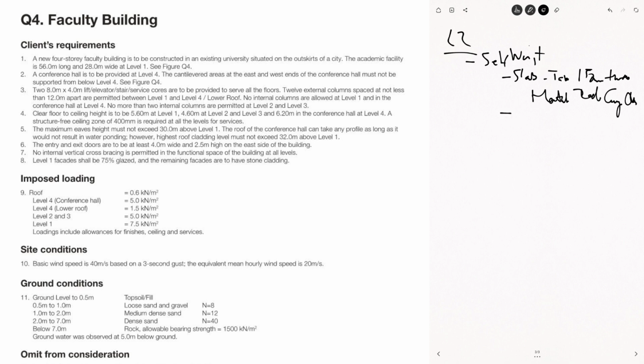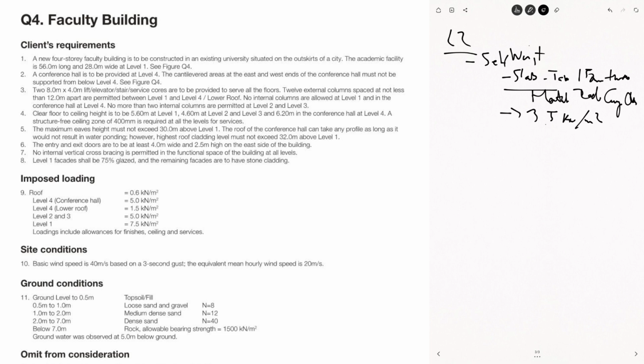The weight of them seems to be about 3.5 kilonewtons per square meter. Okay, and that's just taken from a typical data sheet of a metal deck composite slab.